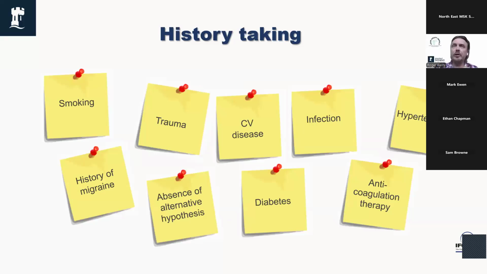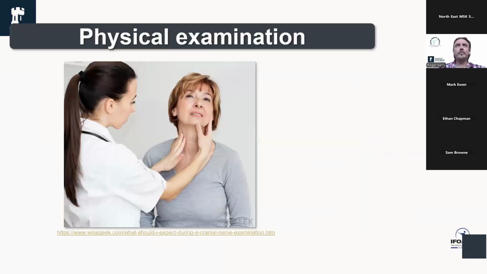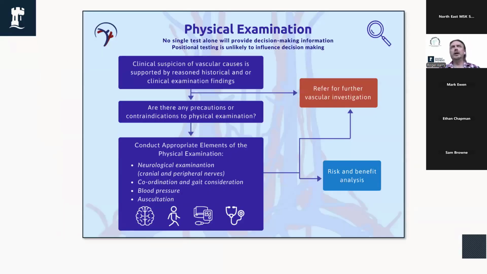Whether there's a history of cardiovascular disease in the family or themselves, repeated upper respiratory tract infection, hypertension is the biggest one. History of migraine, diabetes, anticoagulation therapy, but also an absence of an alternative hypothesis. If you can explain this presentation better with an alternative hypothesis like sensorimotor dysfunction or something, it's probably that, because it's more common.